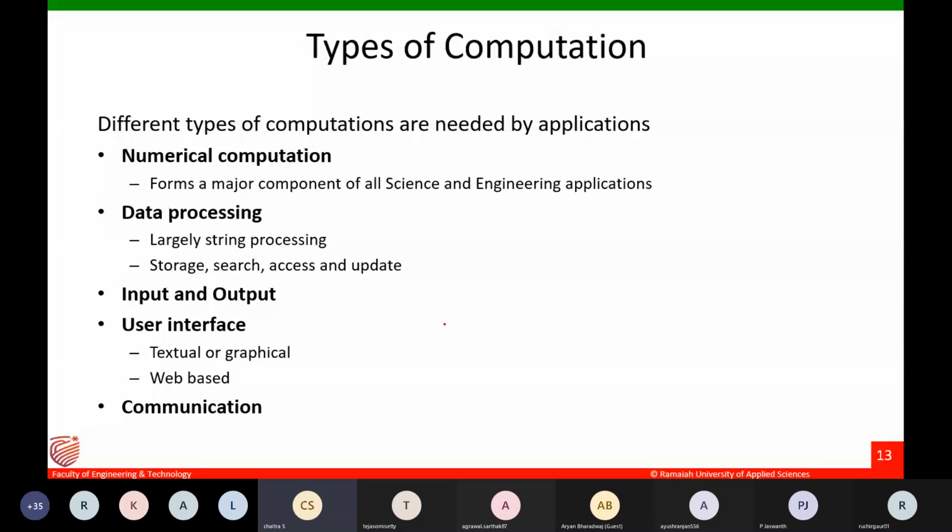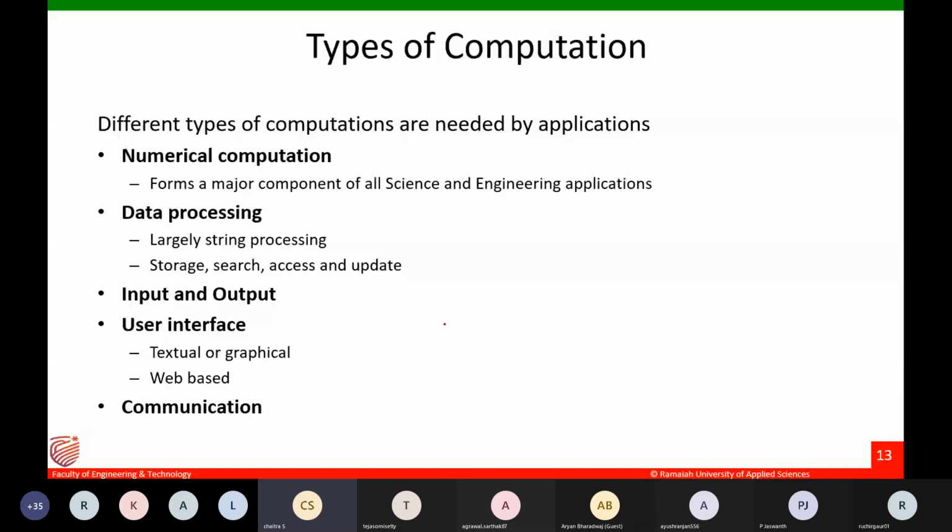Next you have input and output. You all know what is input, what is output. Then user interface is nothing but what you're looking at right now. You're looking at your desktop screen. It's nothing but your user interface, and I am changing it. Either it can be textual, graphical, or web based.